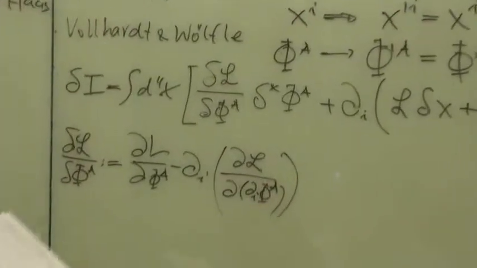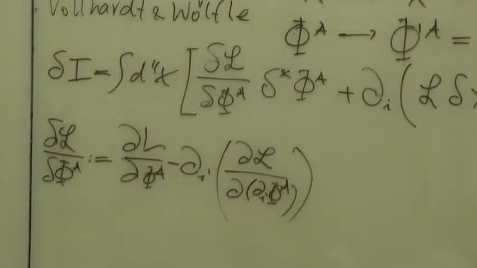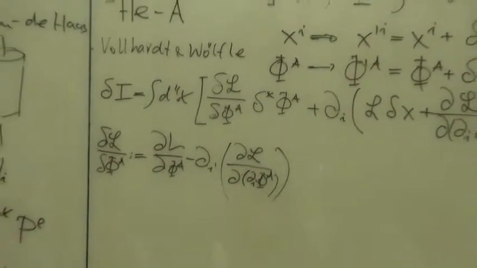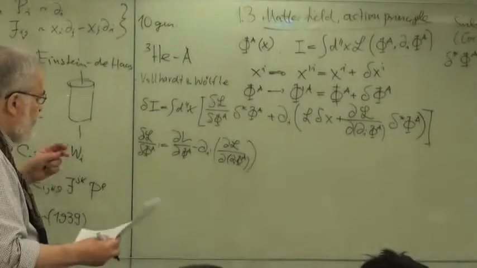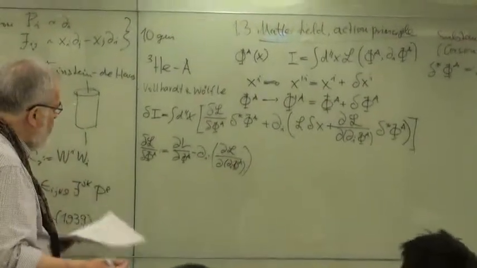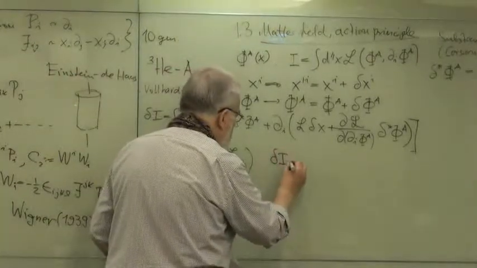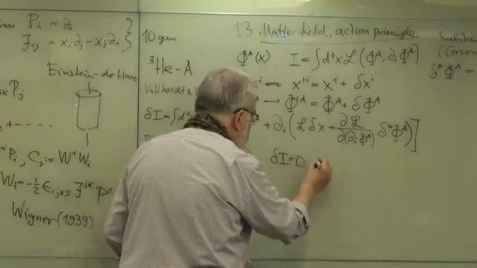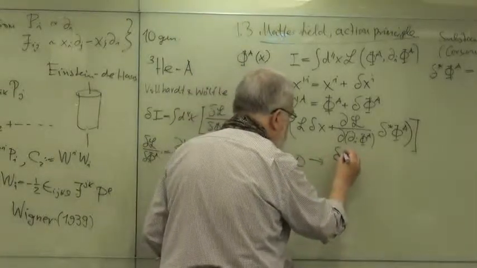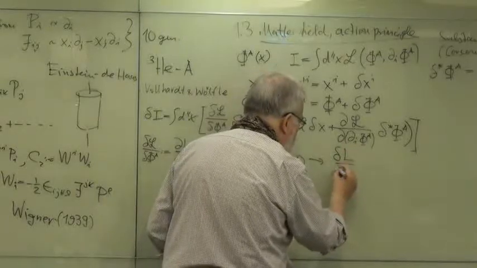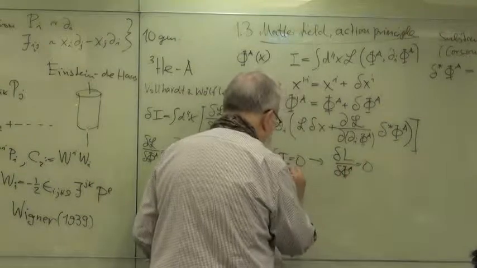This is a variational derivative, and if the surface term doesn't play a role, if I make the variational principle in the prescribed way, basically Hamilton's principle, then dI equals 0 has as a consequence that we have the field equation, the Euler-Lagrange equation, dL over d phi a is equal to 0.